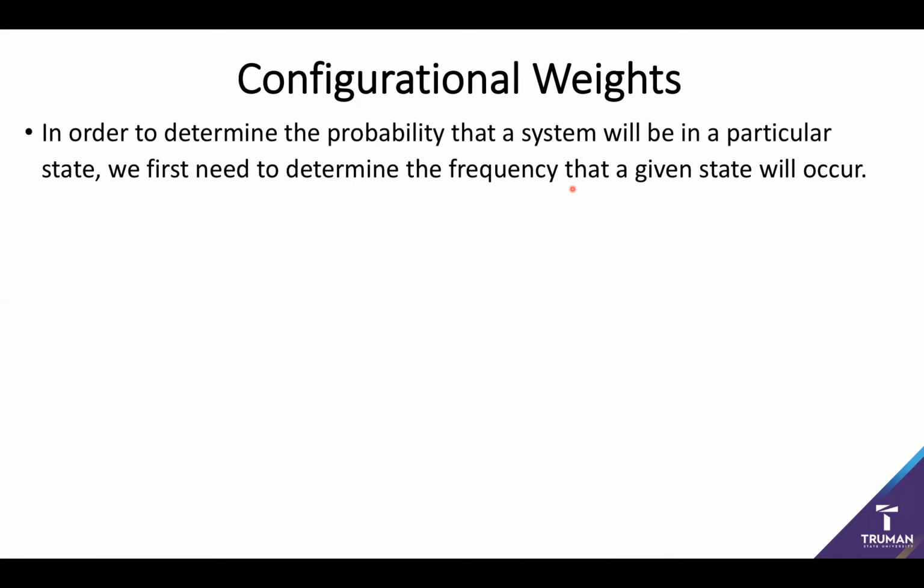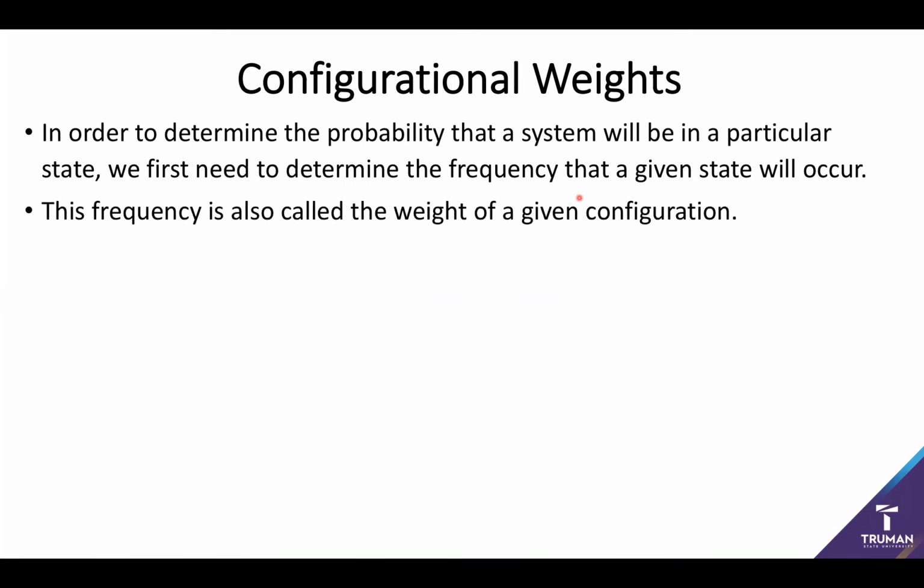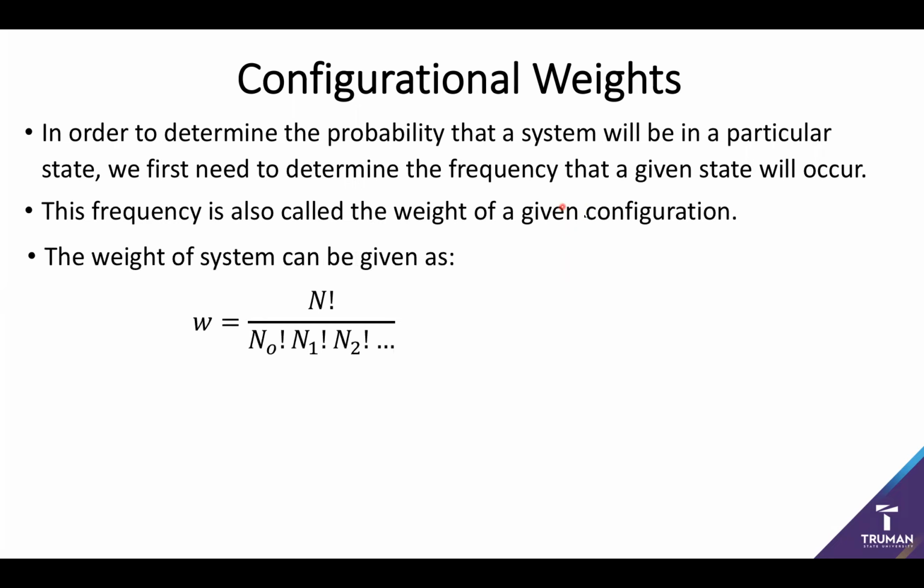So these frequencies of occurrence have a special name in statistics. They're called statistical weights. So we're going to be looking at the statistical weight or configurational weight of a system. So in classic statistical descriptions, you can figure out the weight of a system simply by knowing how many particles you're examining and knowing how many particles are going to be present in any given one of the possible states.